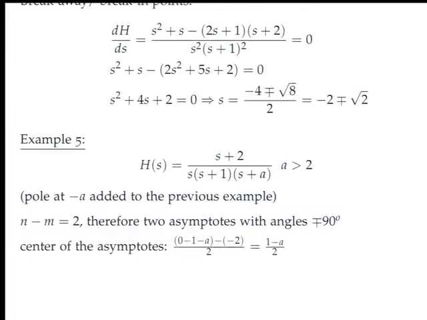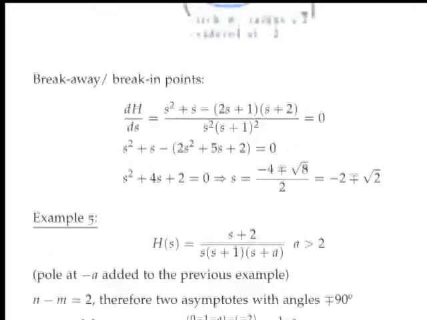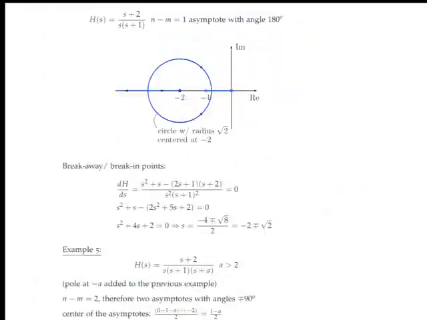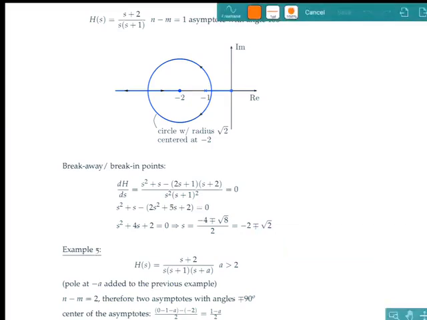All right, so now it's like the example above, which was the s plus 2 circle example. Same thing, s plus 2 over s plus 1. There's only one difference. We added one more pole at negative a, and we're assuming a is bigger than 2, so that means there's now an extra pole here.